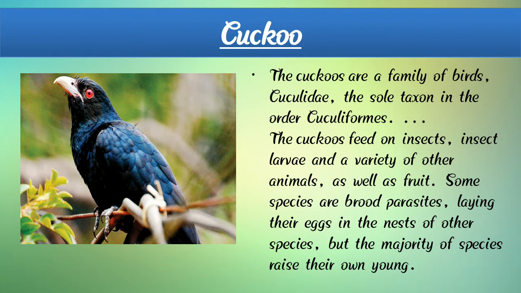So here we can see a photograph of a cuckoo. It is black in color, with red eyes. The cuckoos are a family of birds, Cuculidae, the sole taxon in the order Cuculiformes, and the cuckoos feed on insects, larvae, and a variety of other animals as well as fruit.